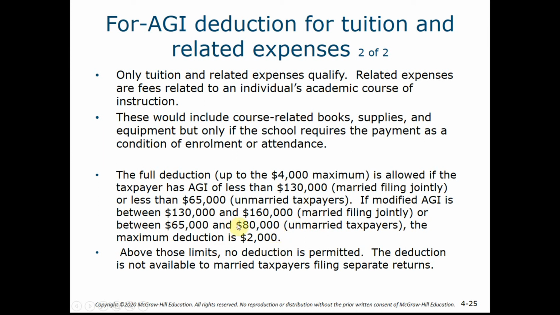But again, it does phase out within the ranges of $130,000 to $160,000 of modified AGI for married, and then $65,000 to $80,000 for single or unmarried taxpayers. If, however, the modified AGI exceeds these thresholds, then there is no deduction for tuition and related expenses.